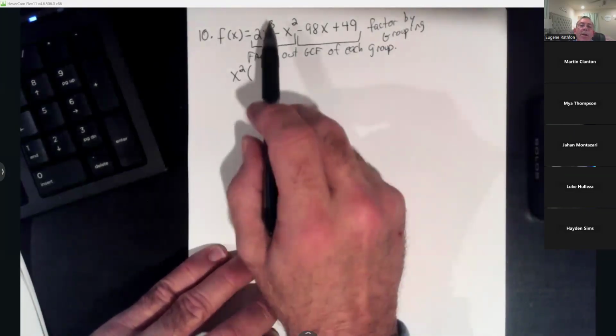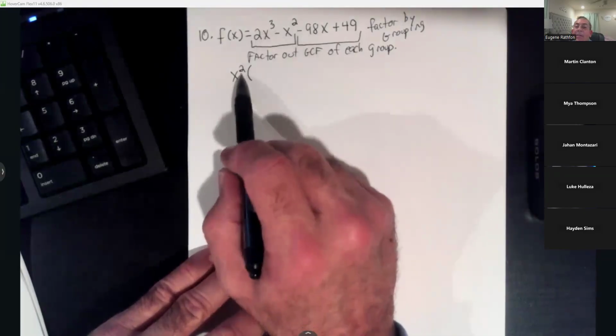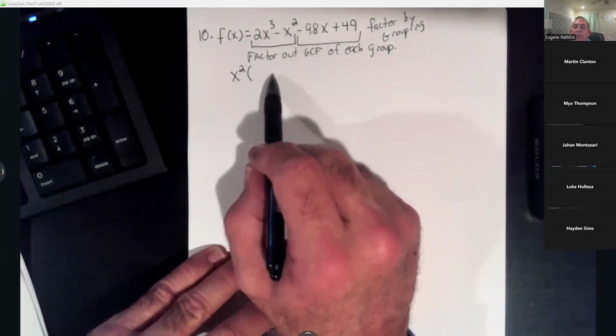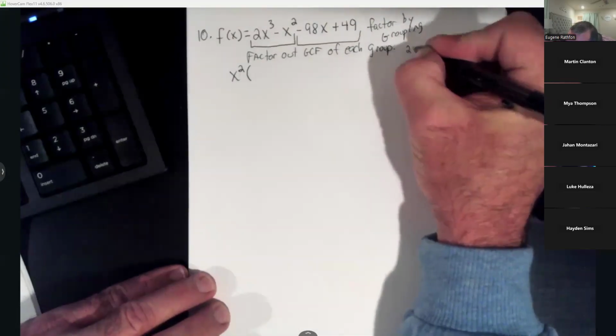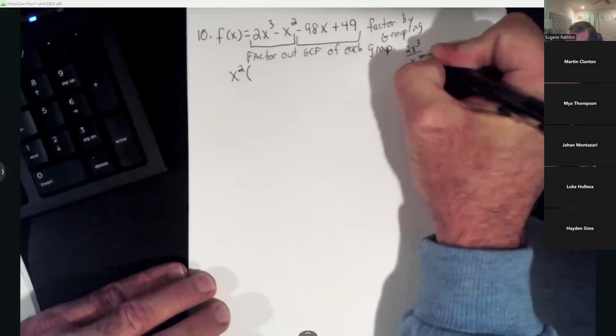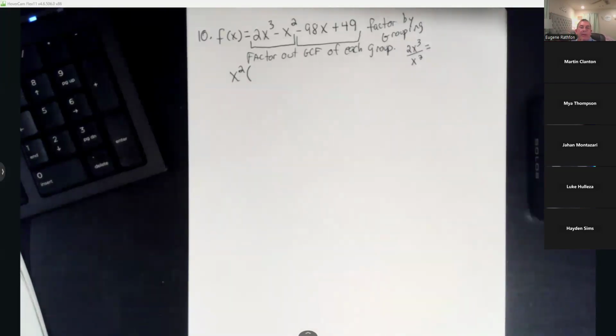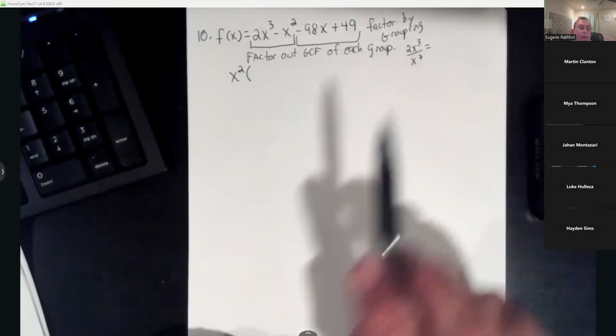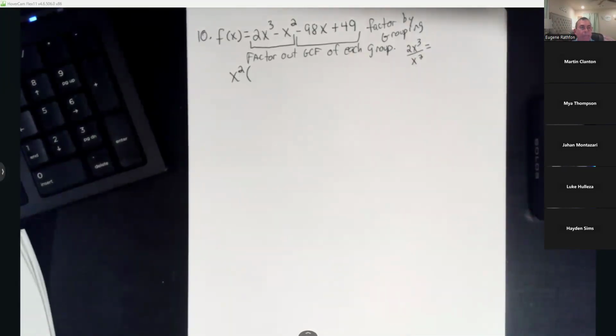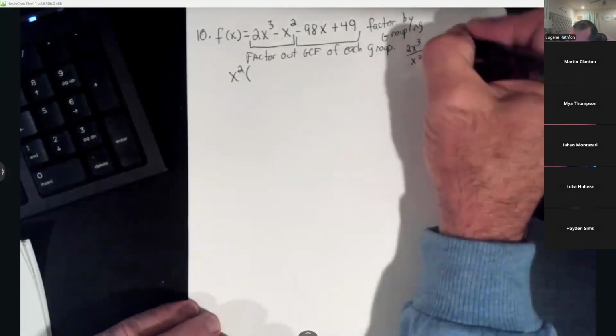Now, knowing that I'm dividing both of these by x squared, what's going in these parentheses? So y'all, what is 2x cubed divided by x squared? What's that giving me? That's going to give me 2x.